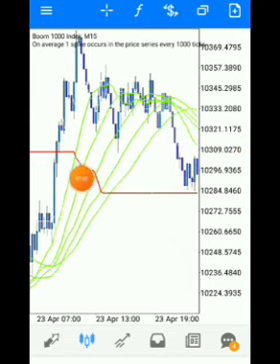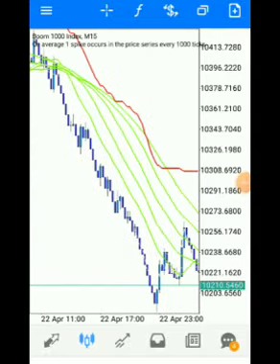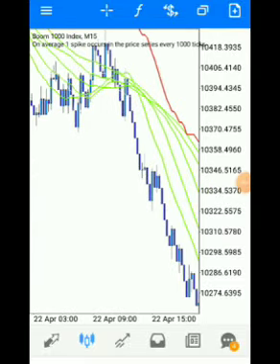Okay, so if you get to see exactly what happened in the past, you get to see that this is a period where the Ichimoku proved a buying opportunity, but the buying opportunity wasn't that much, and then a selling opportunity came forth again. Okay, so you want to make sure that you look for the high probability trades, those periods where you're gonna get enough buying or selling opportunities.